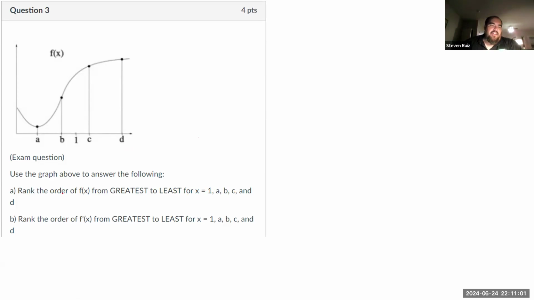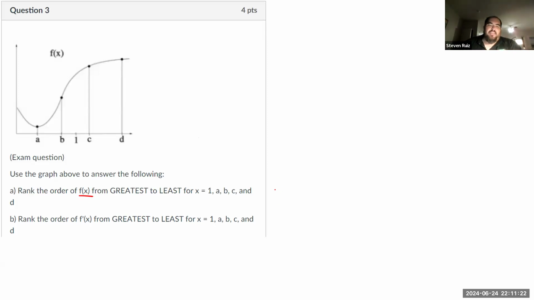Part A here is, from greatest to least, rank the order of f of x. So f of x, not the derivative, just f of x. Basically I'm ranking this in terms of y values. The largest f of x value is going to be the highest point, and then on down to the lowest point.